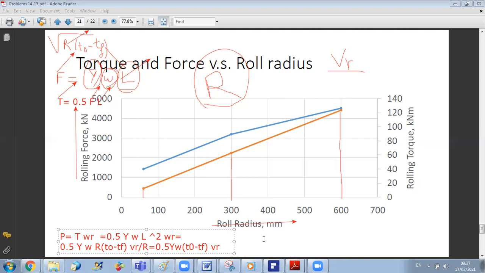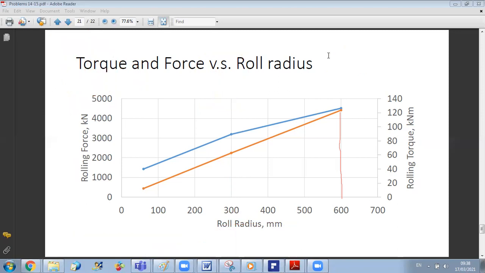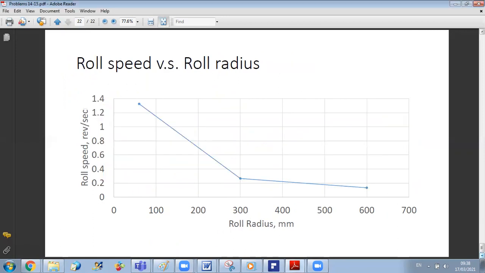Look, if I use a smaller radius, I can end up with a smaller force and smaller torque. So with the same power, I will not have high constraint on my rolls. This is why I have an advantage of reducing the roll radius if I use the same linear velocity, because I will need a lower force and lower torque to perform the same operation, since I'm providing the same power.